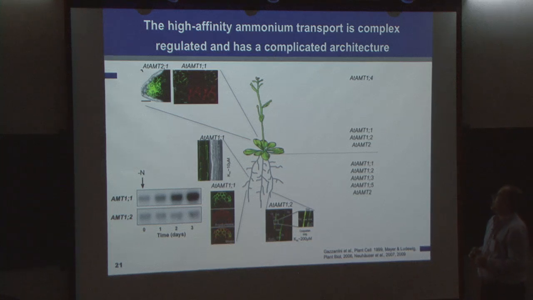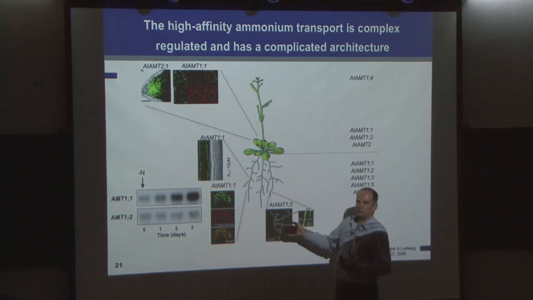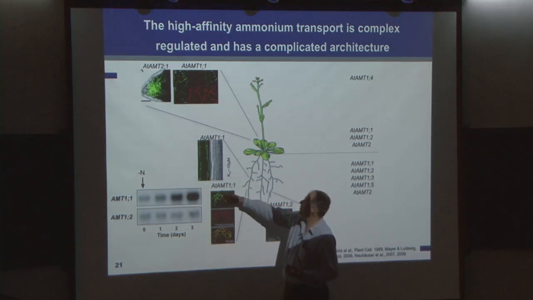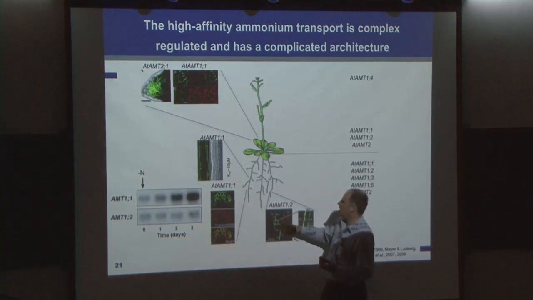Okay, so this architecture of ammonium transporters in the plant is quite similar in crops. However, every crop that has been looked at, maize, rice, many other crops, it always is slightly different. Yeah? So the numbering of these transporters is different. You typically have this distribution that you have transporters in outer layers and transporters in more inner layers.